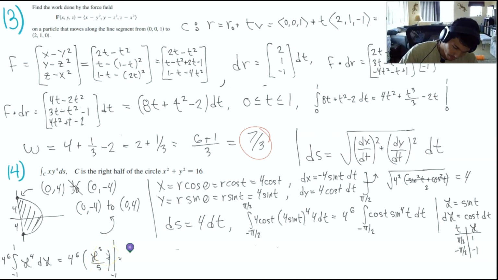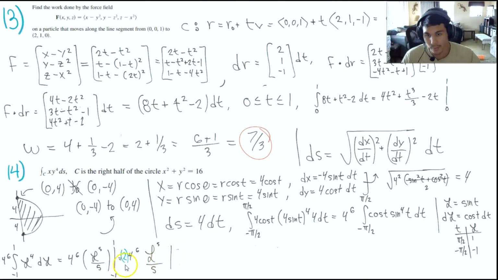And by the way, if you recognize the power of the function, you could have written it as, wait 1 second, you could say times 2. Since it's an odd power, it's going to be 1/5 minus negative 1/5, which is 2/5.